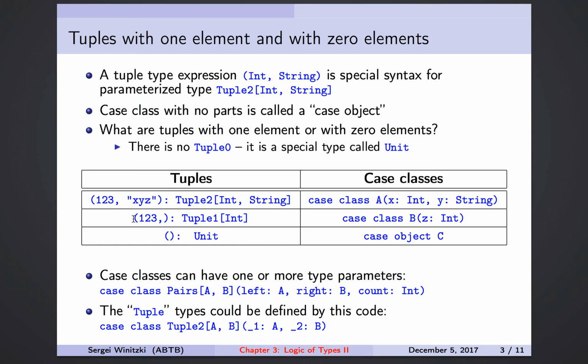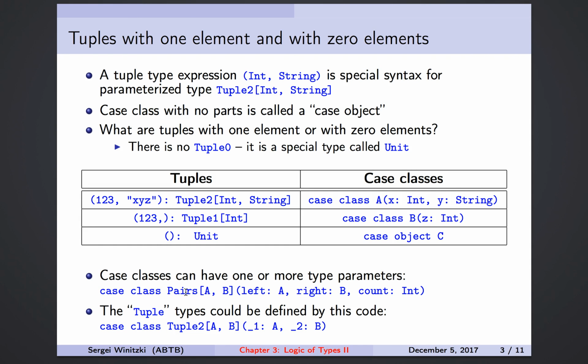If you want to put a name on a tuple with 1 element, that's what you do. It's a case class with 1 part. And this is already quite useful. You distinguish this from other kinds of values. And this is a case class with 2 parts.